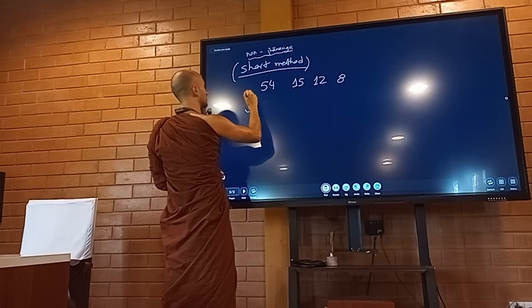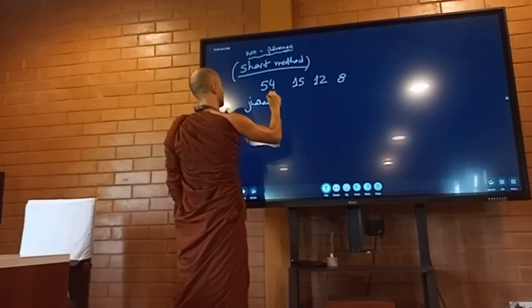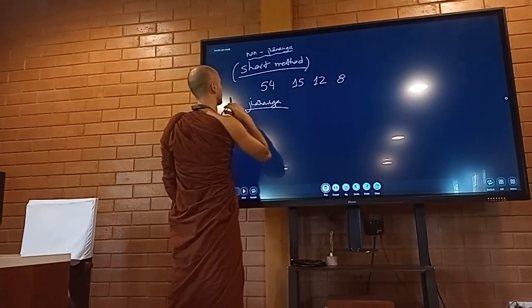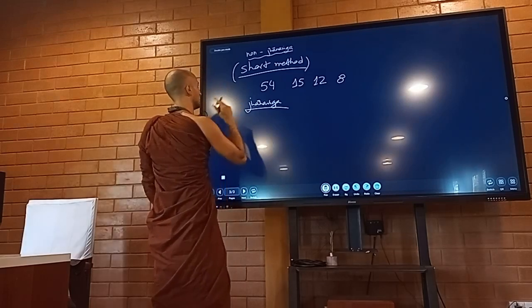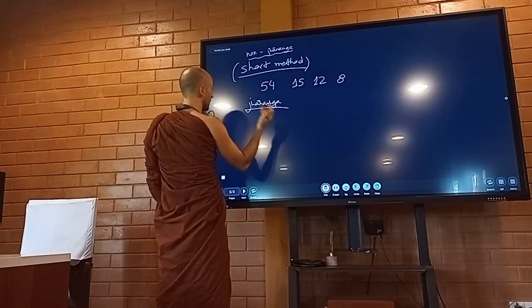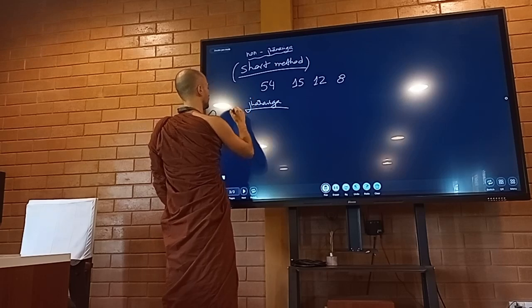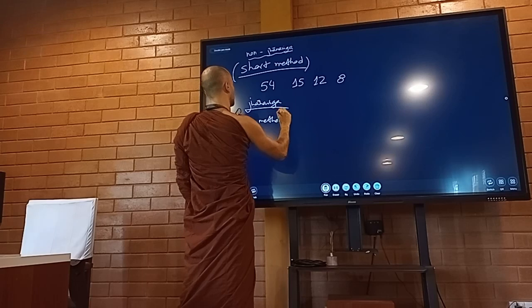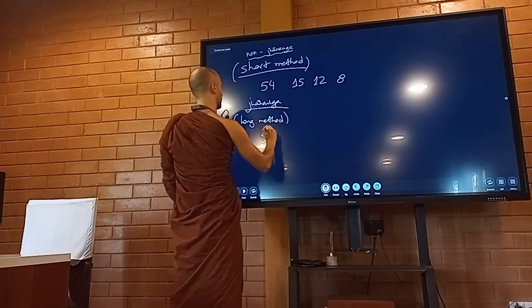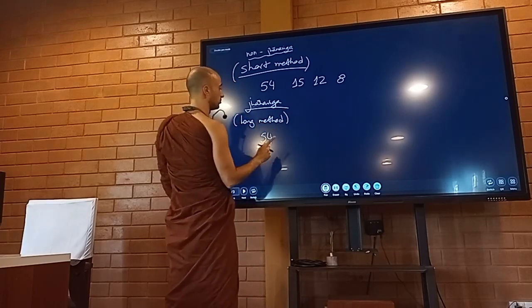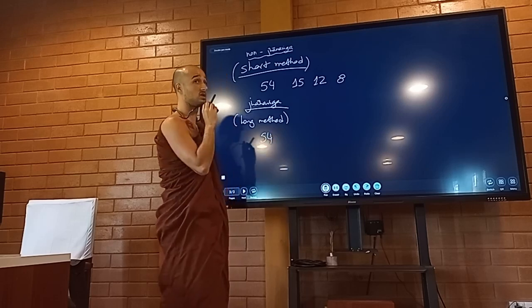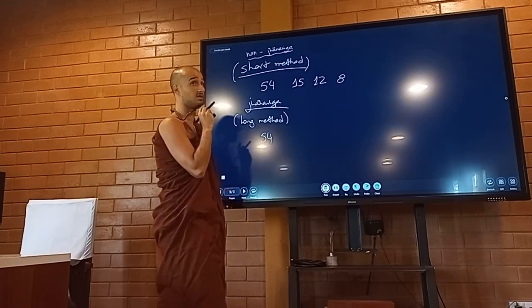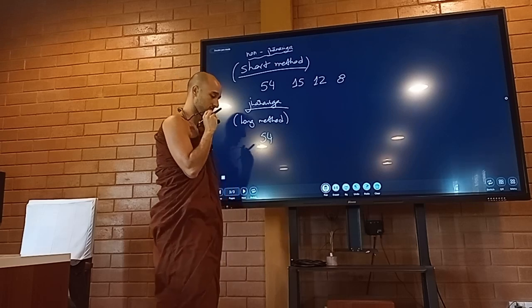If you're talking about a jhananga, vitakka, vichara, piti, sukha, ekaggata, it's easier if you use the, let's say, long method. Long method is 54 Kamavachara, and then you do the jhana table. Do you remember we did a jhana table?